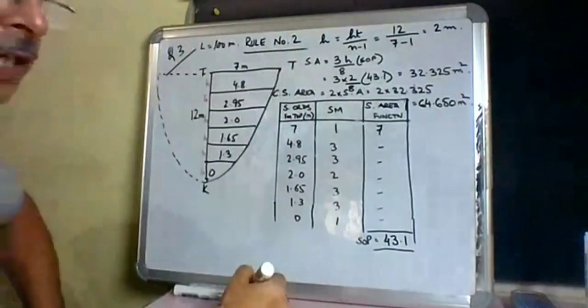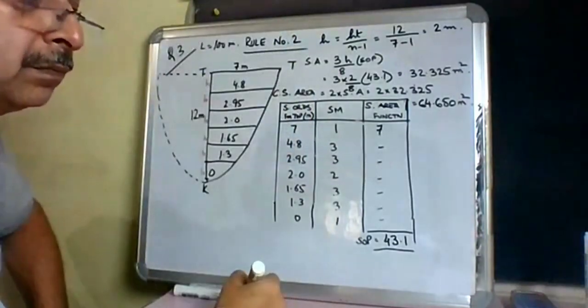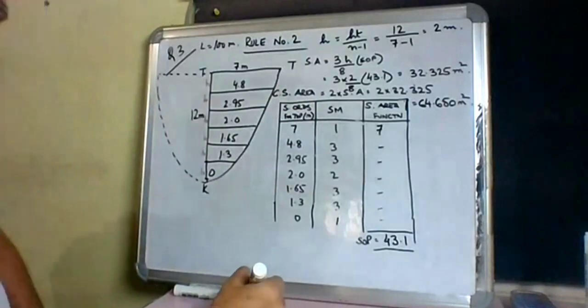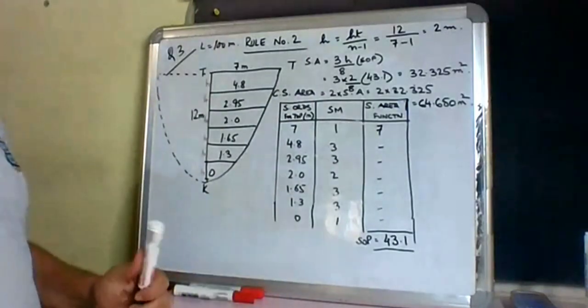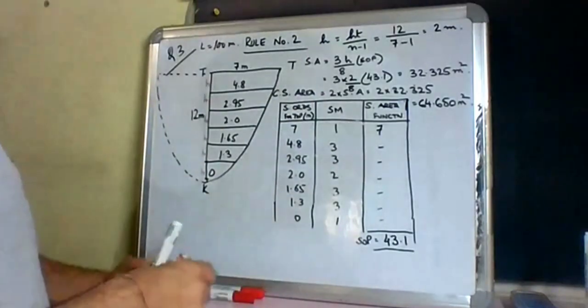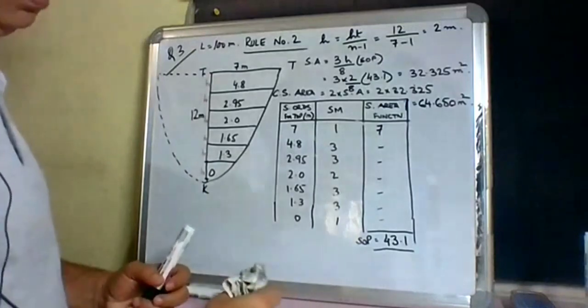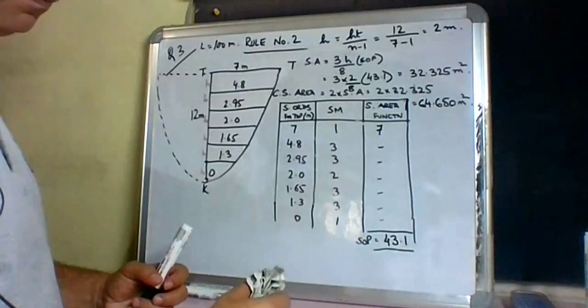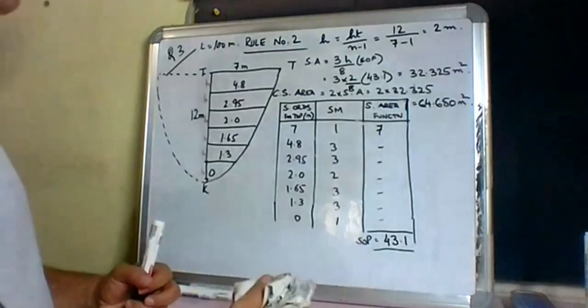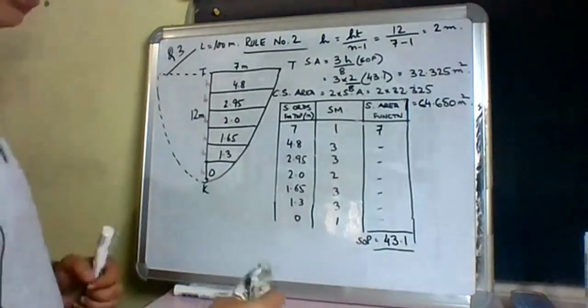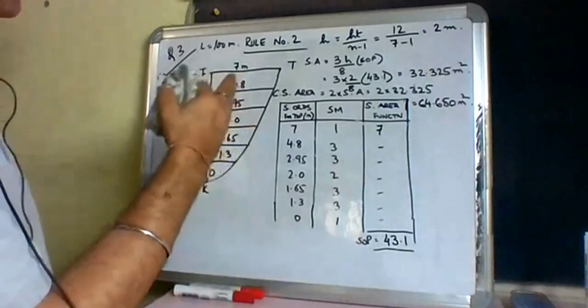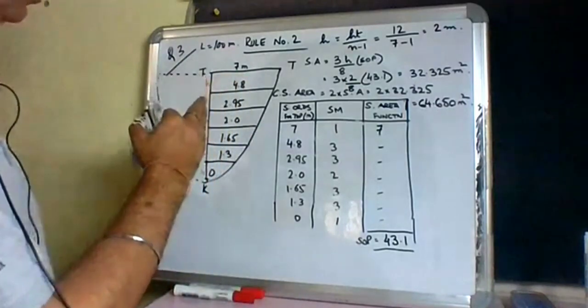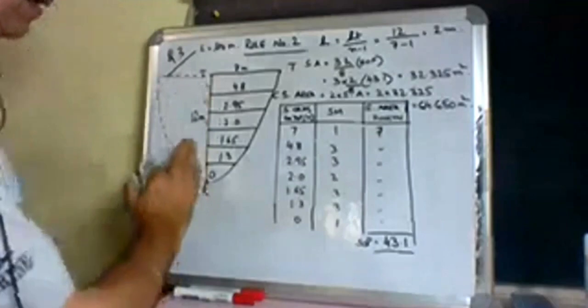So this is your CSA. Is that okay? Yes, sir. All right. This is a bulkhead or half a bulkhead diagram that you have drawn.